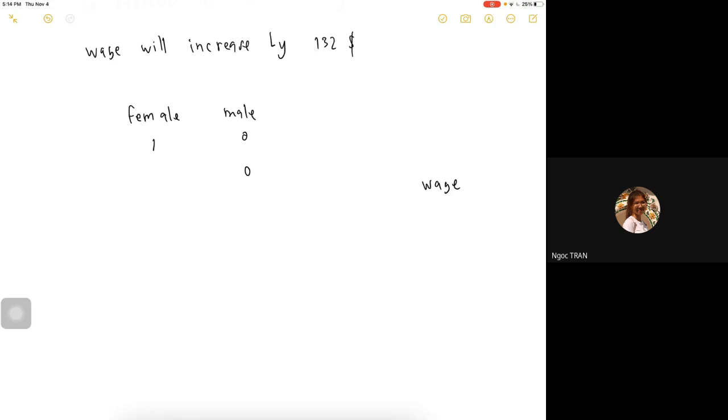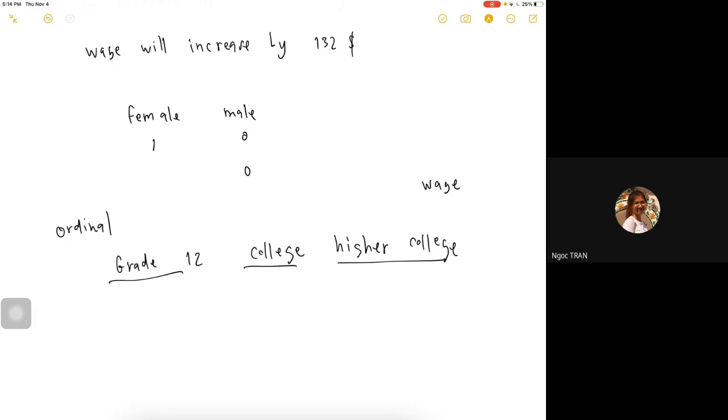But one thing that you might be confused about is the ordinal. For example, with education, you might have grade 12, I guess, college, and higher than college, for example master's degree or PhD. So you have 3 different levels of education, and you would like to say something about wage.